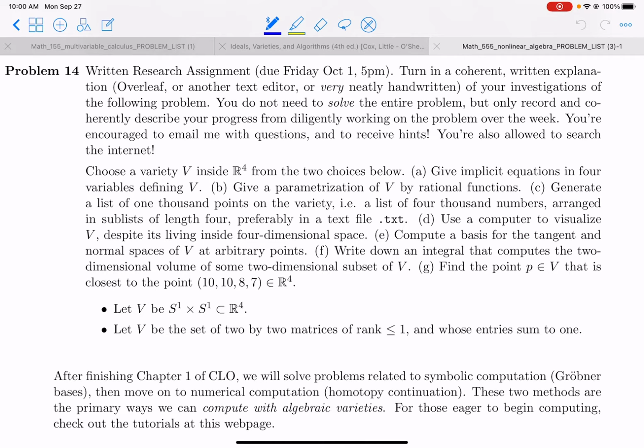If you like Jupyter notebooks, you could do this whole thing in a Jupyter notebook and turn in the Jupyter notebook. That's an option. You could turn in a Sage worksheet. So if you're going to use CoCalc, which is on our Canvas homepage, all the links you need are there. And yeah, as always, email me questions.